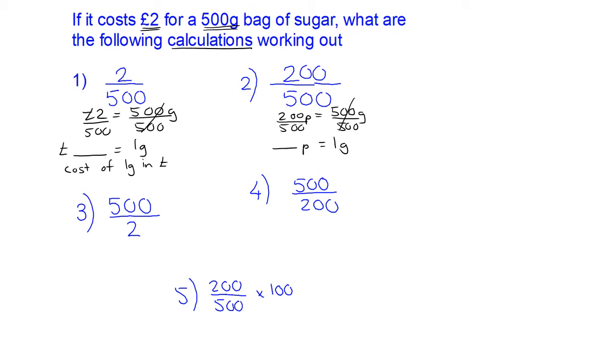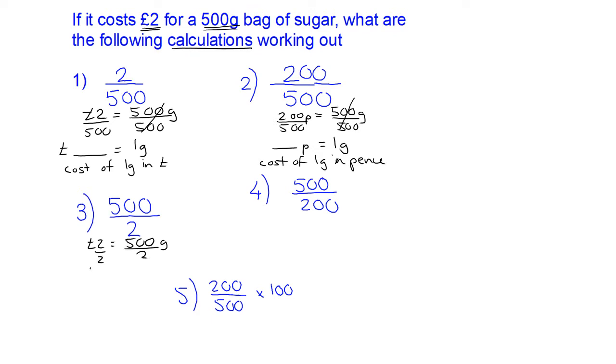Let's look at number 3. So I should write here, actually, before I do that, cost of 1 gram in pence. So 500 and 2, we've got that in the question, so let's set it up again. £2 is equal to 500 grams, but this time that's being divided by 2.